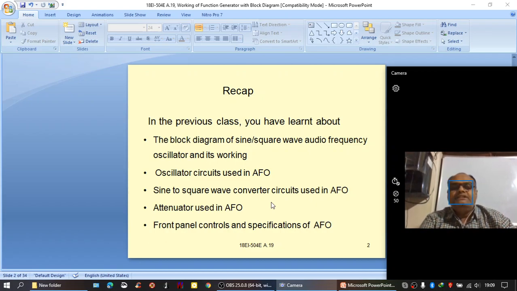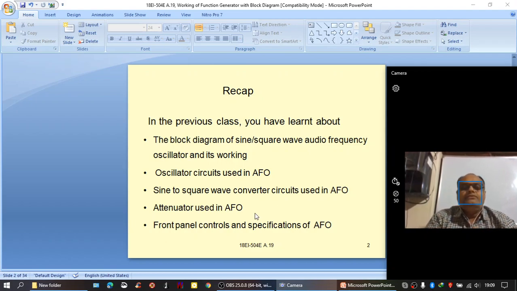Then we have seen the attenuator circuits used in AFO. Generally, linear resistive attenuator circuits are used in AFO. And then front panel controls and specifications of audio frequency oscillator also we have studied.